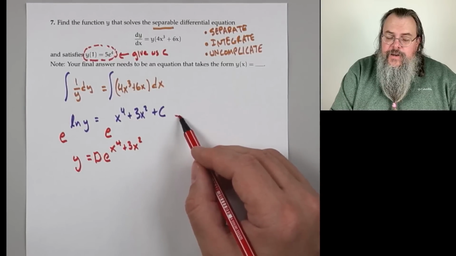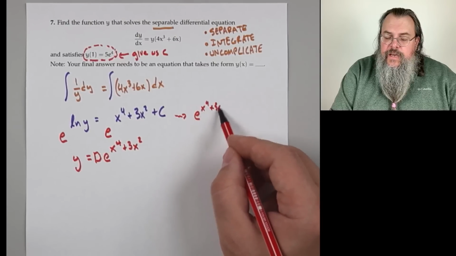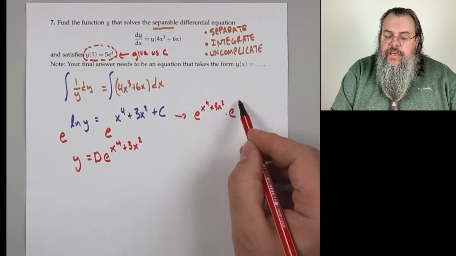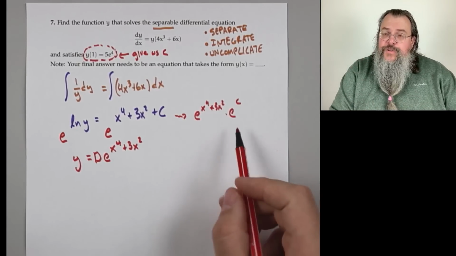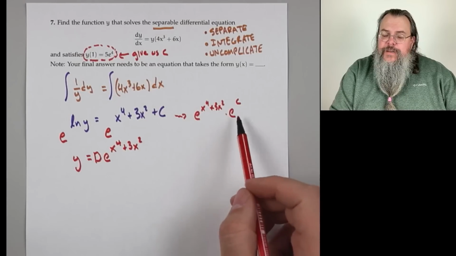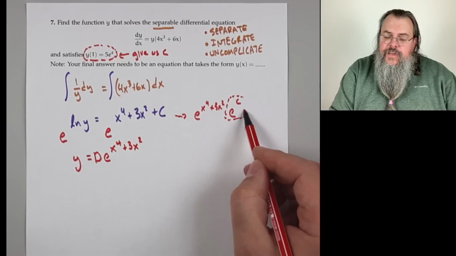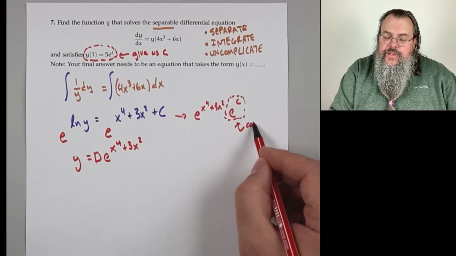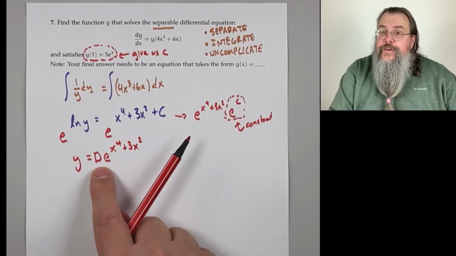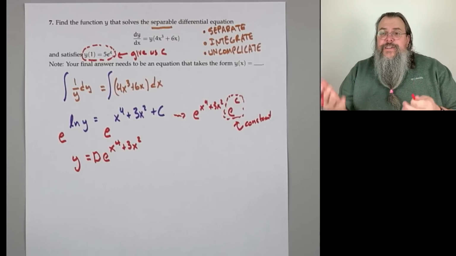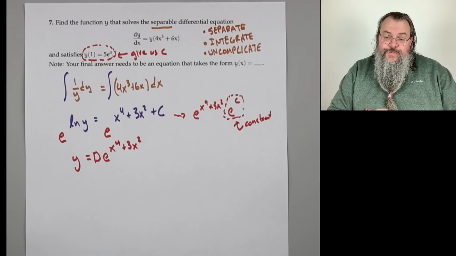Well, this is really e to the x to the 4th plus 3x squared times e to the c, because addition upstairs becomes multiplication. And now, if I take e to a constant, oh, this is a constant. So let's just change the name. That's changed it to the letter d. It's not the exact same constant as c, but it's essentially saying, here is where our constant has moved to.